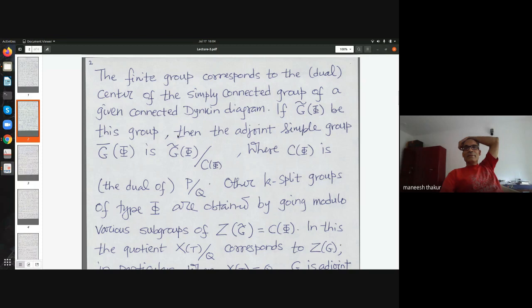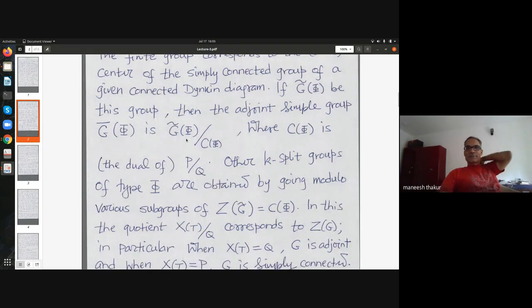Then the adjoint simple group corresponding to the same root system, which we denote by G bar phi, is gotten by going modulo the full center of G tilde phi. So this is the adjoint group. And we saw already how to construct the adjoint group from the adjoint representation using the root lattice, right?